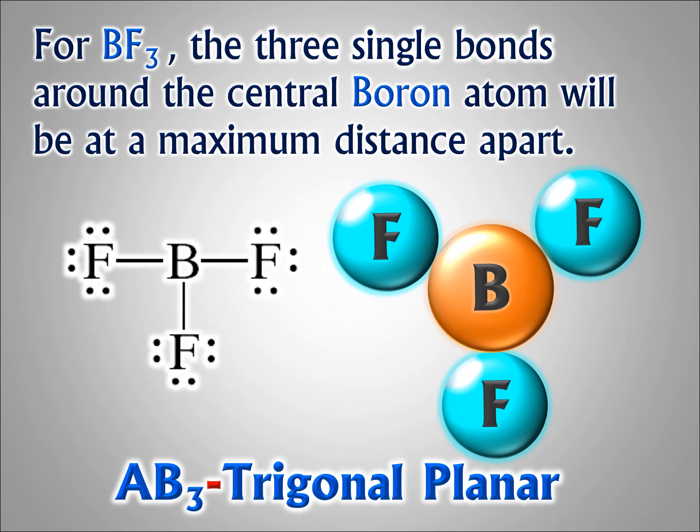But this one is easy to see because it remains flat, and it's just exactly like what you would expect. 3 bonds, spread them out evenly, that's 120 degrees, and boom. There are a few other molecules that boron makes that have this form, trigonal planar. But it's a very unusual form because pretty much only boron makes it in terms of molecules. We do see this form frequently in what we call polyatomic ions, but for now let's just restrict ourselves to molecules.